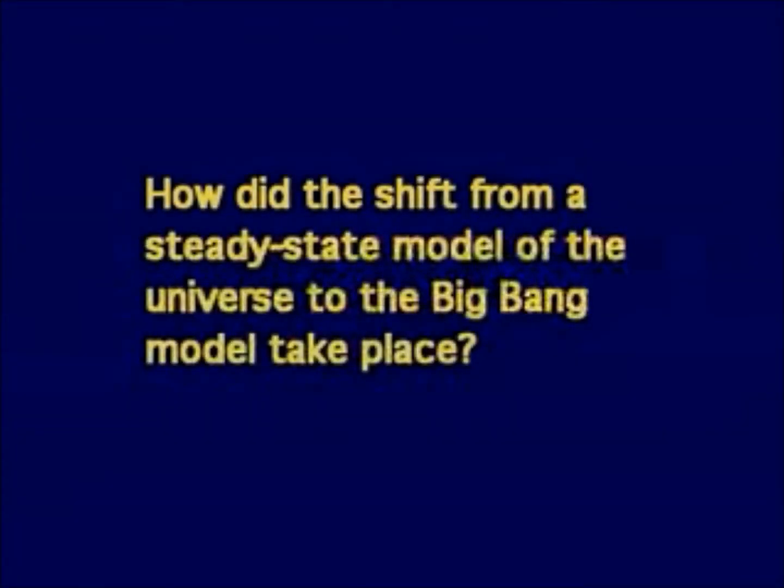How did the shift from a steady state model of the universe to the Big Bang model take place? The story of the shift from a competition between steady state cosmology and Big Bang cosmology is rather interesting.